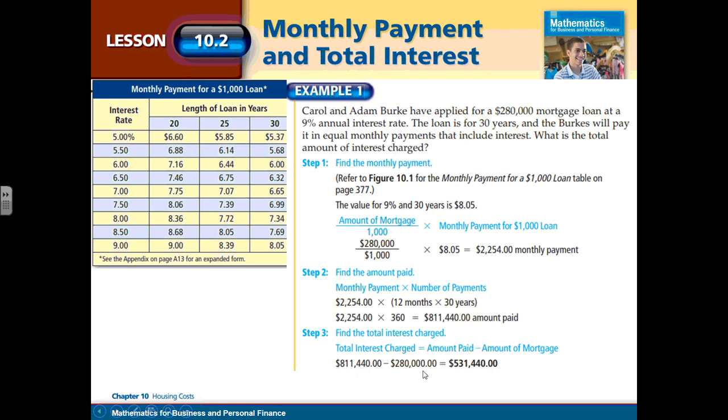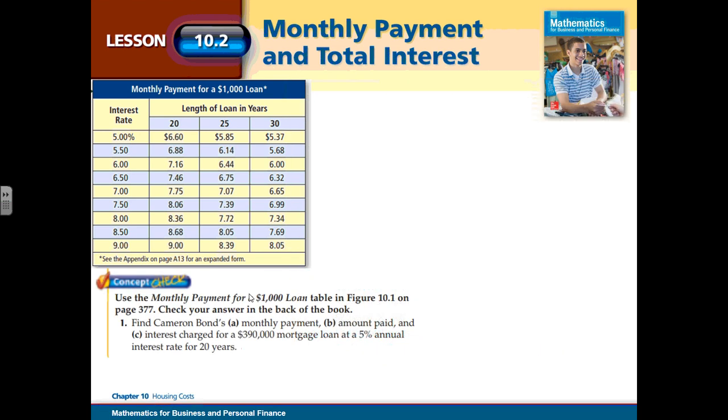Then to find out how much the bank gets in interest, you take the $811,440 minus the $280,000, and in interest, the bank gets $531,440.